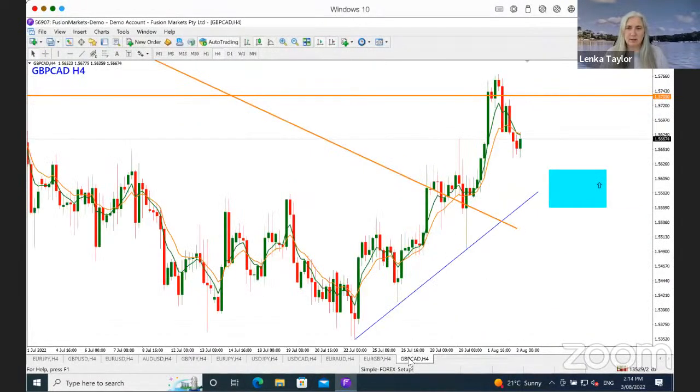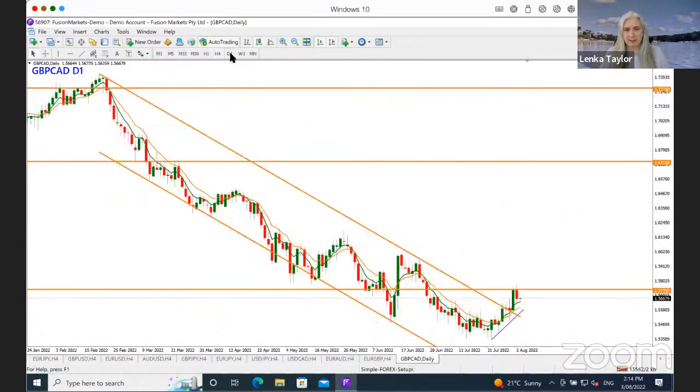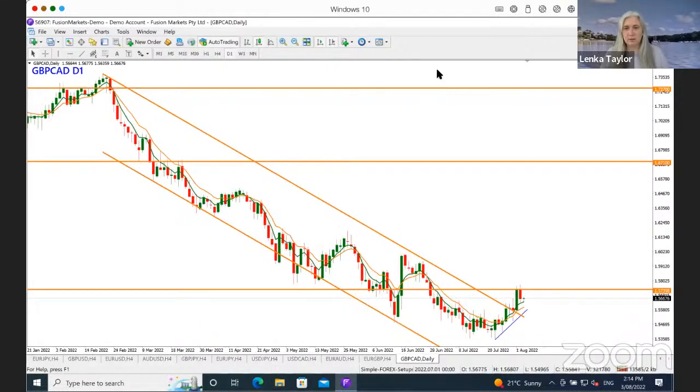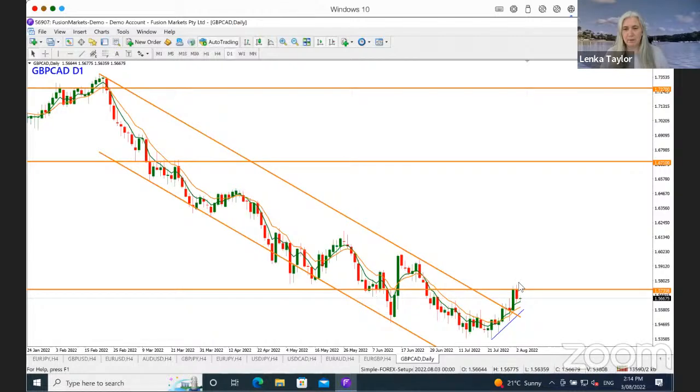And the next and last currency pair is GBP CAD, and I'm looking for long opportunities. Here on the daily, we have been going down in the trend for quite some time. We do have price action going up at the moment. Ideally, I would like to see the price action above the previous level of support, that line there for the long, as there would be more room.